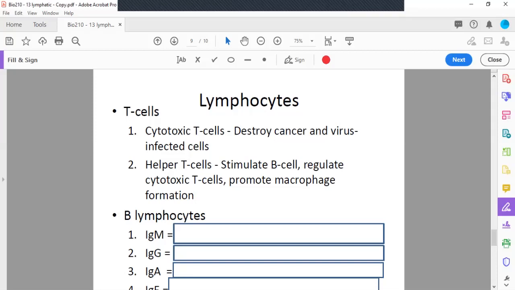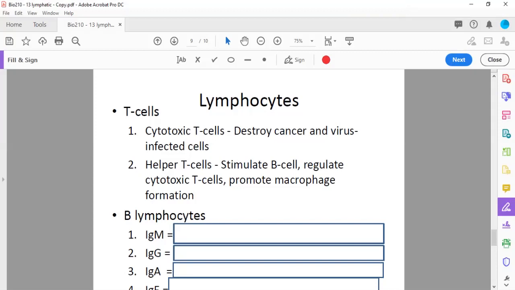The first one is called cytotoxic T cells. These T cells are involved with destruction of cancer and virus infected cells. So they are on the front line fighting off virus and cancer cells, and they're very powerful in their ability to fight off these pathogens.